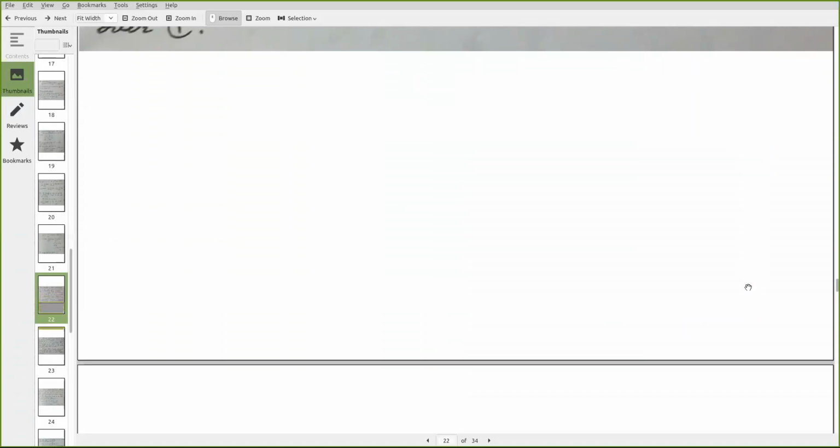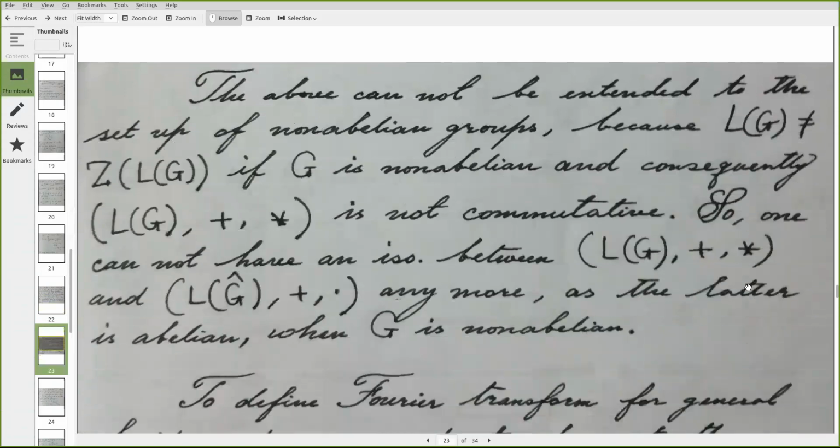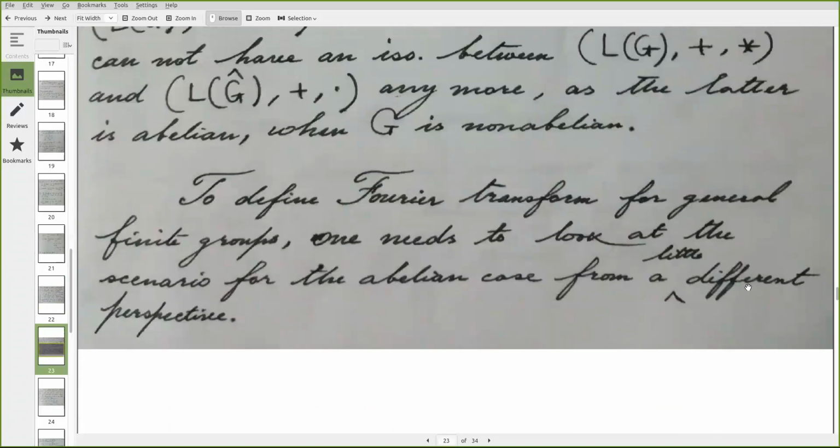Now to define the Fourier transform in the setup of general finite groups, as I have said, we have to give up the isomorphism between LG and LG hat.